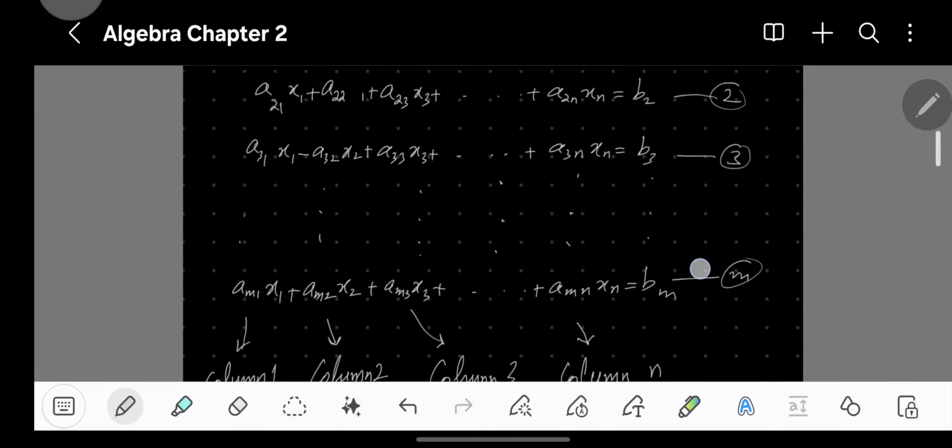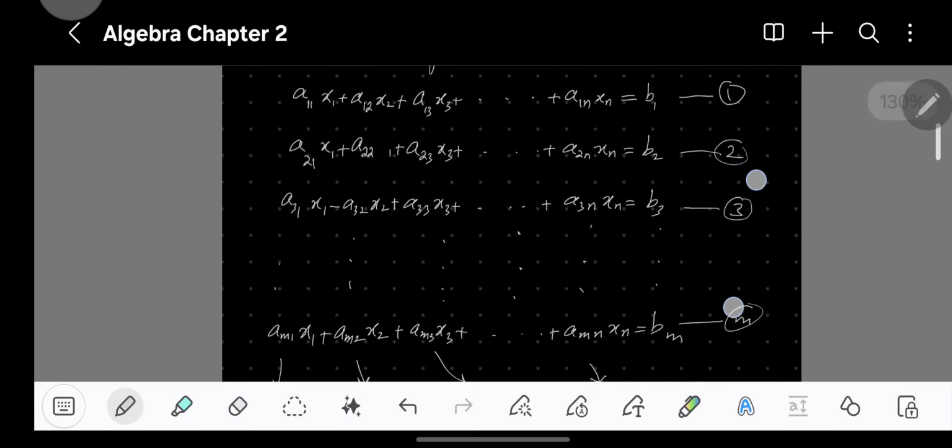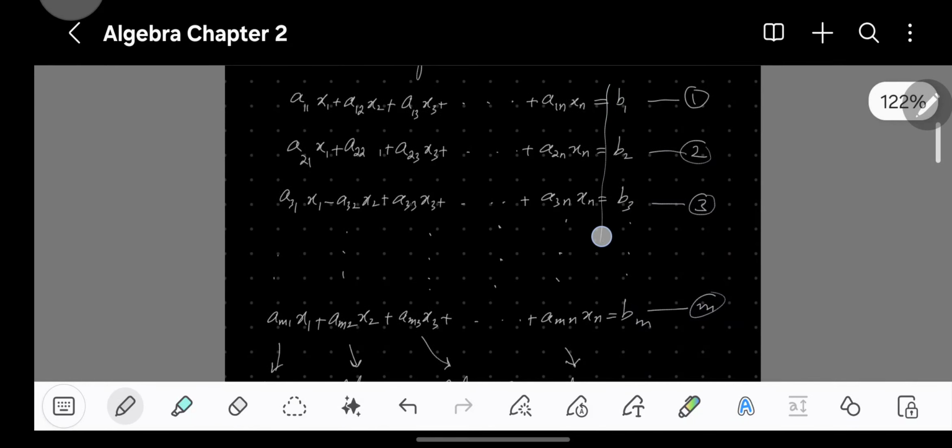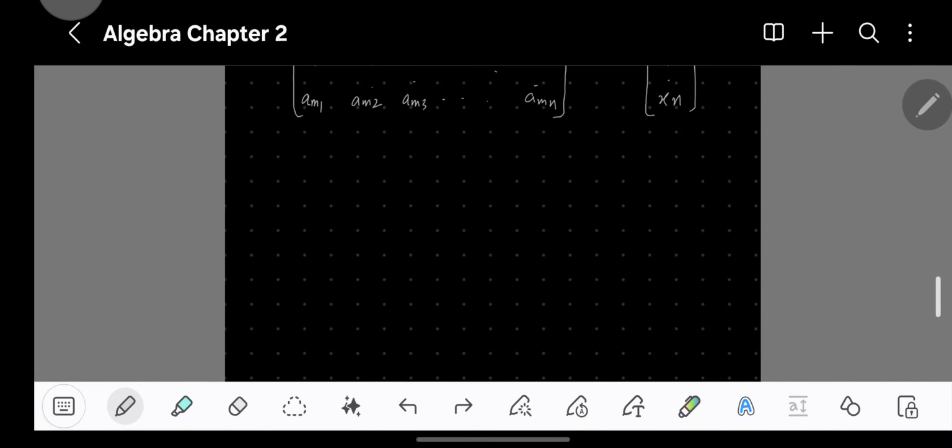And the last matrix is the constant matrix. Since there are m constants, which are b1, b2 up to bm, I will write the B matrix equal to b1, b2, b3 up to bm. So this is the constant matrix.